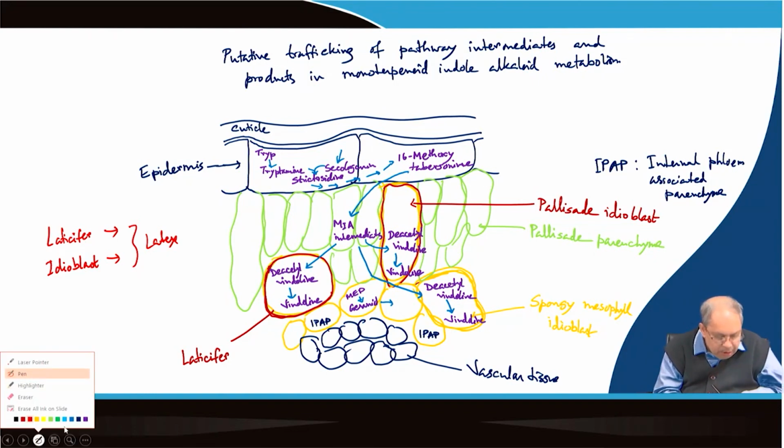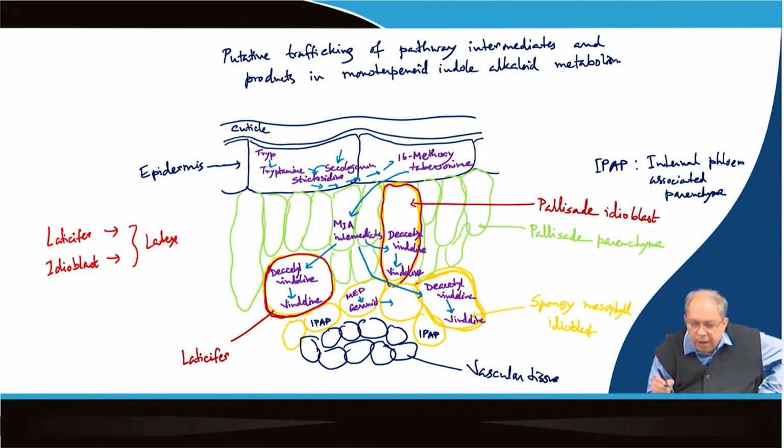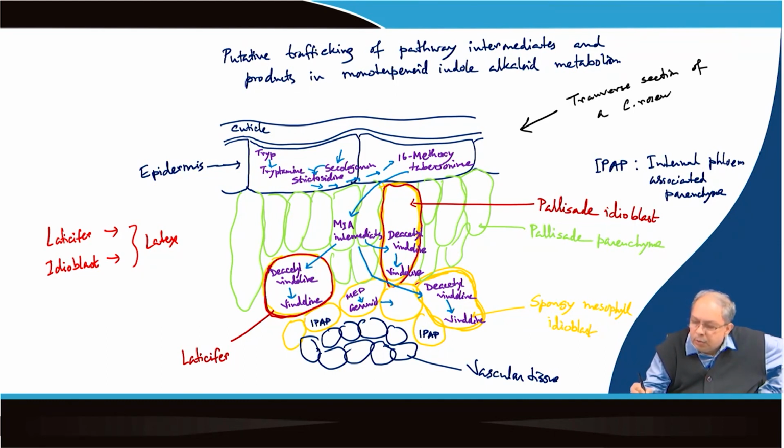So, this is basically a transverse section of the leaf. If you ask me to put a caption for this, this figure is basically the transverse section of a Catharanthus roseus leaf portion.